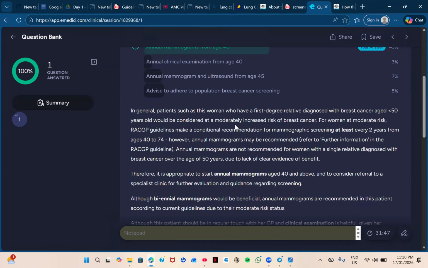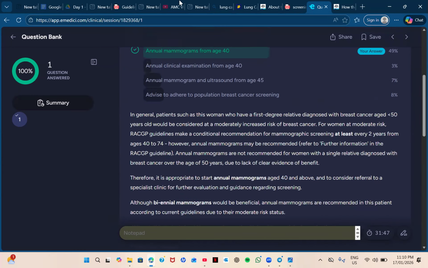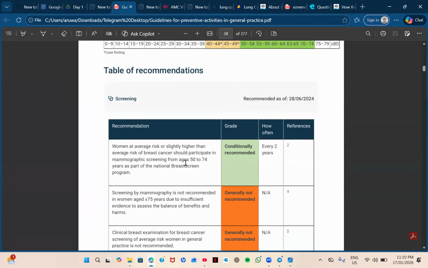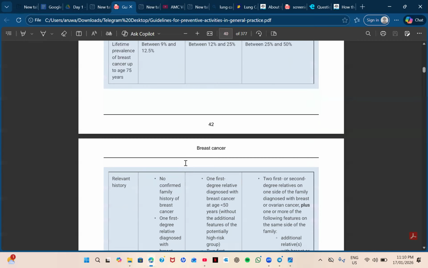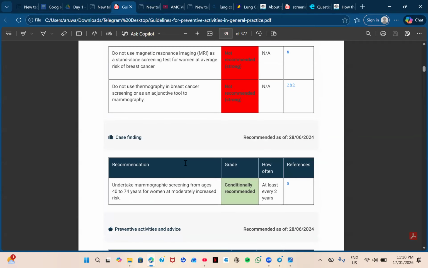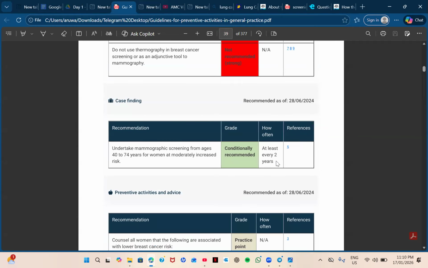So please remember, even though they haven't mentioned it in this guideline, they have mentioned at least every 2 years. But best, please make a note here. Best to do it annually. Okay, make a note here. Best to do it annually.